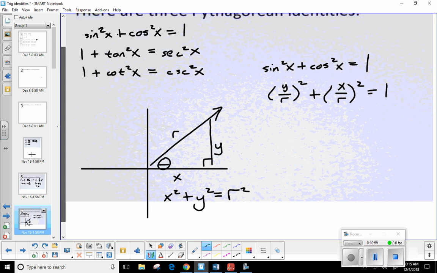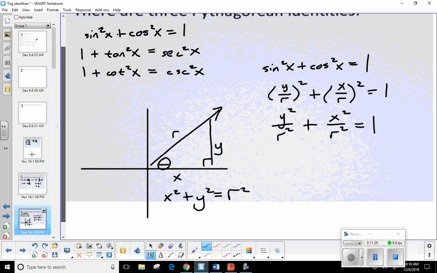What does it mean to square something? You multiply it by itself, right? So (y over r) squared would be y over r times y over r, so I would get y squared over r squared. Plus, what would (x over r) squared be? x squared over r squared is equal to 1.